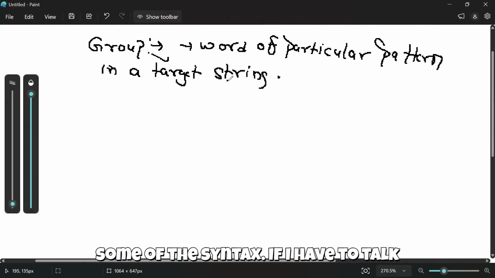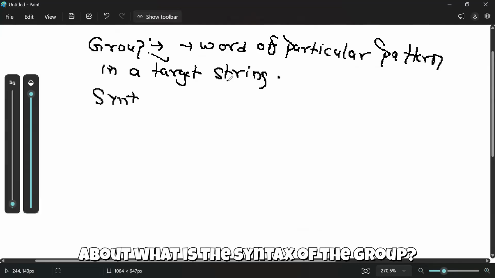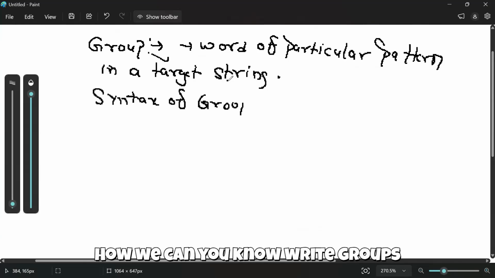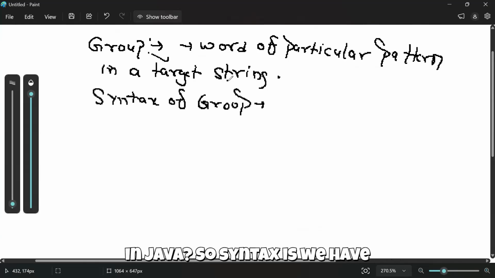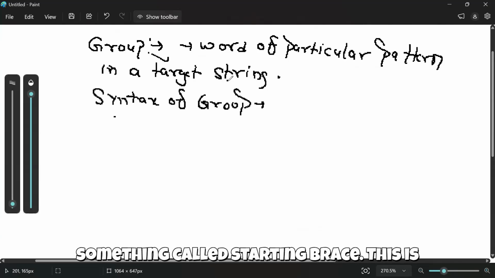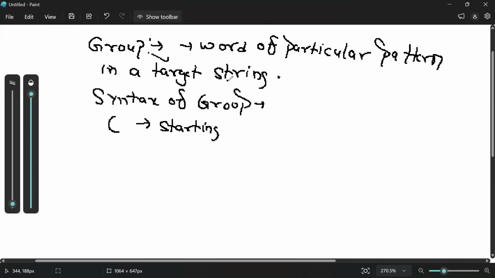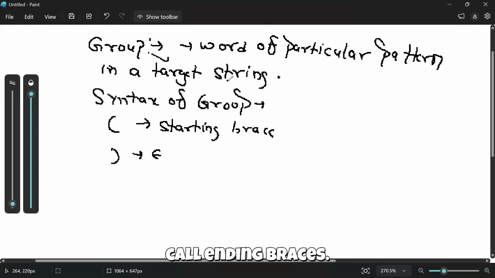So let's talk about some of the syntax. What is the syntax of the group, how can we write groups in Java? The syntax is, we have something called starting braces, and ending braces.